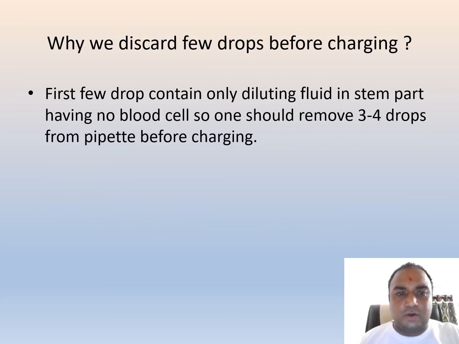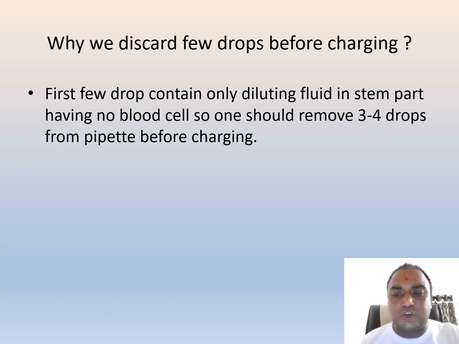Why should we discard a few drops before charging? Because the first few drops present in the stem part of the pipette contain only fluid, no cells. If you charge with this fluid, you will see only fluid in the improved Neubauer chamber, not the cells.